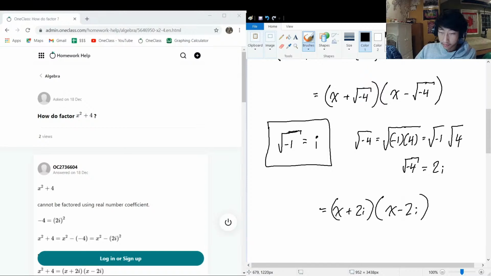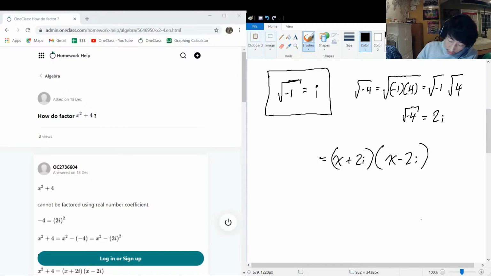Okay, so here to do the cross multiply, we'll have x squared plus 2, it's going to be minus, my bad, minus 2xi, and then plus 2xi, and then minus 2i, and that's all squared.